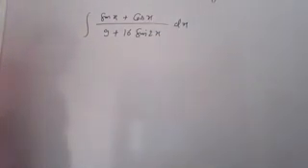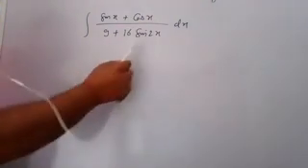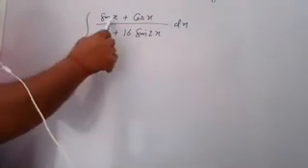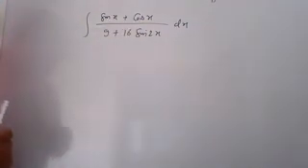This is your question. First of all, you have to think about what to substitute here. Here you have sin 2x, and in the numerator you have sin x plus cos x.